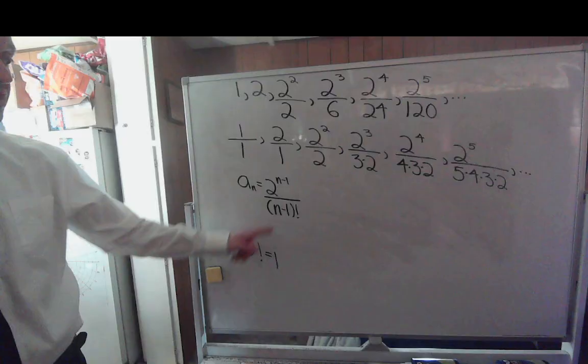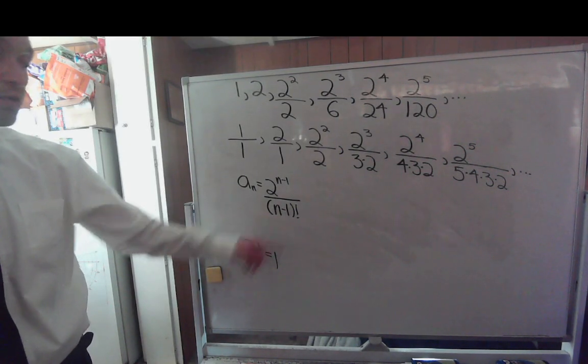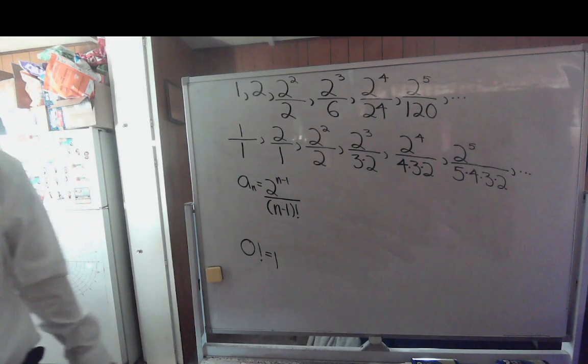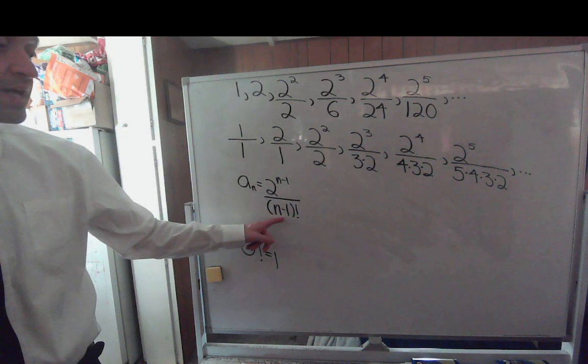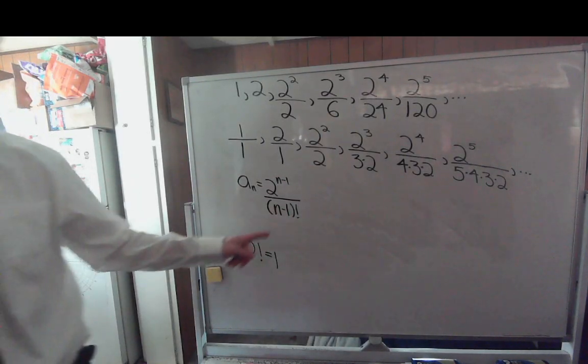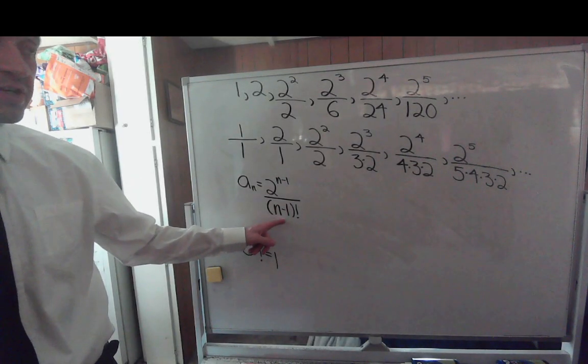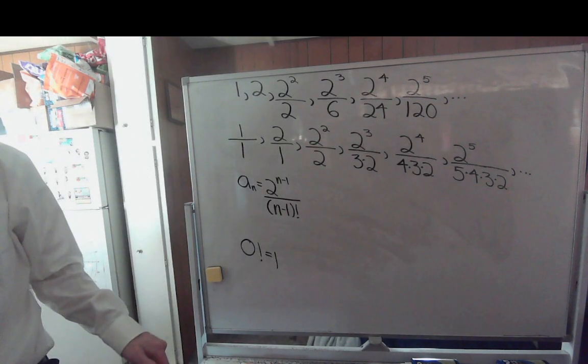The second term is 2 minus 1, which is 1 factorial, which also happens to be 1. The third term, 3 minus 1, is 2 factorial, which is 2. Fourth term, 4 minus 1 is 3 factorial, which is 3 times 2, which gives you that 6. Let's do one more.